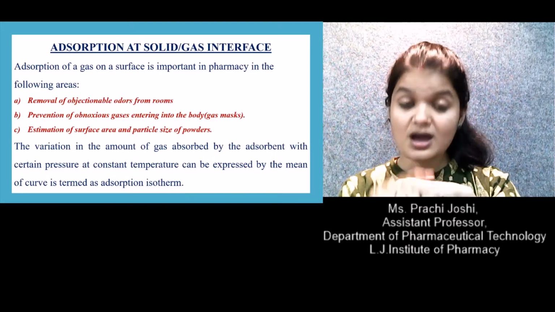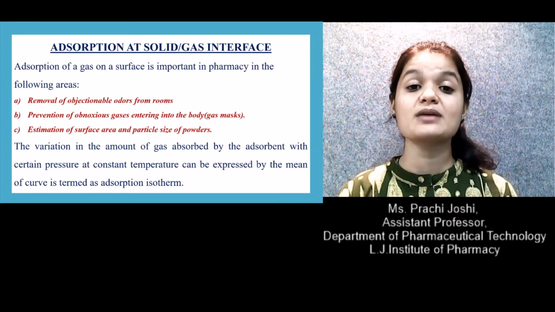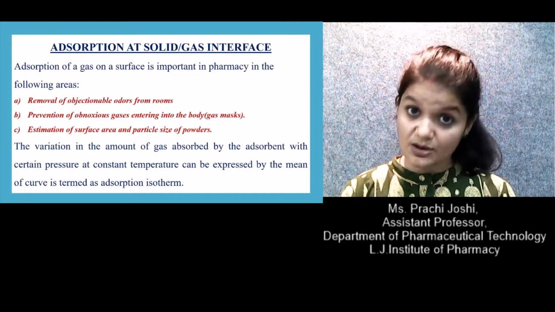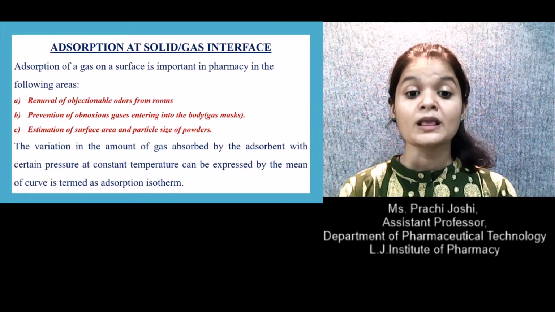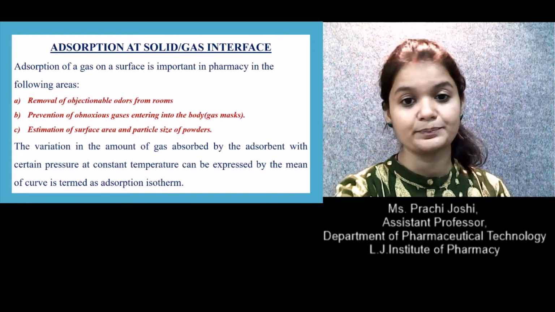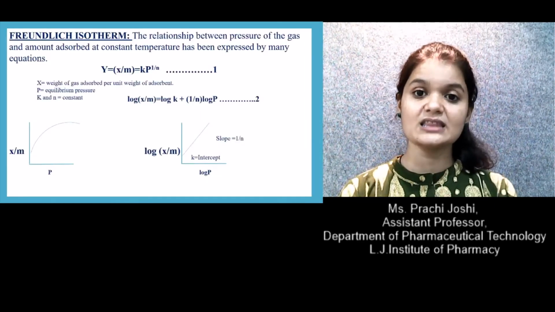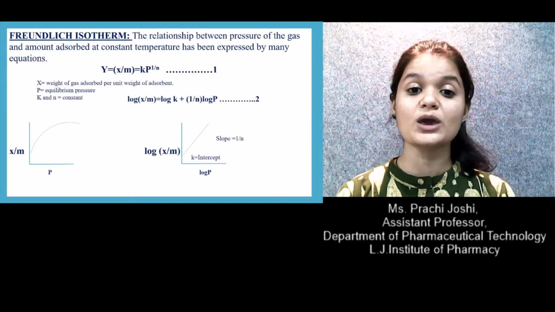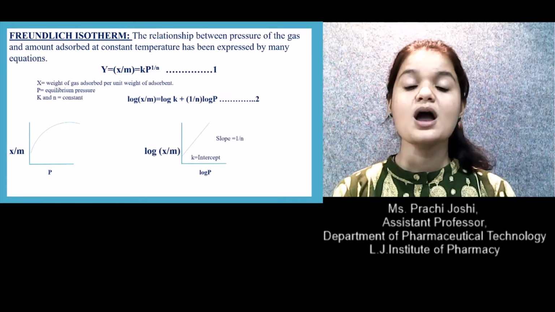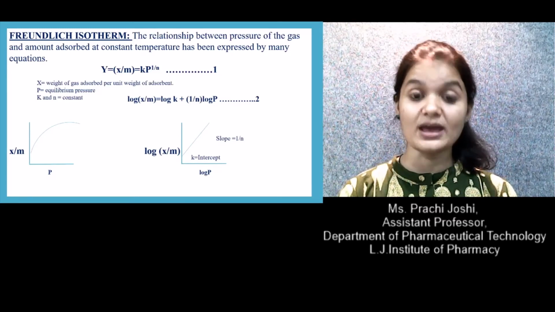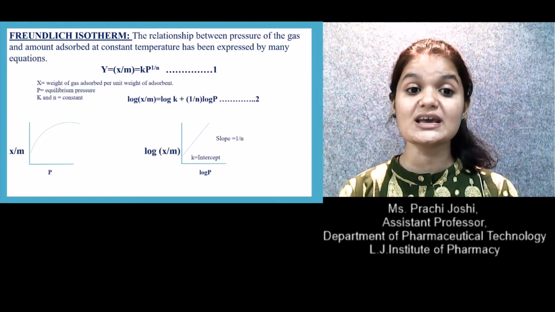Pressure variation at constant temperature can be expressed by means of a curve, or graph, which is also known as the adsorption isotherm. As you can see, there are two equations: y is equal to x upon m, which is the amount of gas adsorbed.